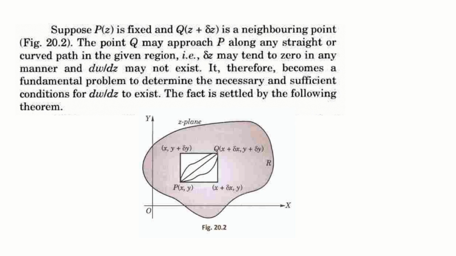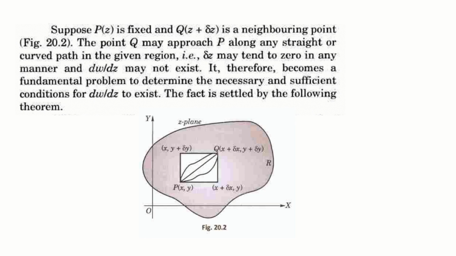What these lines mean is that, suppose I have a point on the xy plane, p(x, y), and q(x + delta x, y + delta y) is another point. This is the same as what was mentioned in the first line: q(z + delta z) can also be written as q(x + delta x, y + delta y).